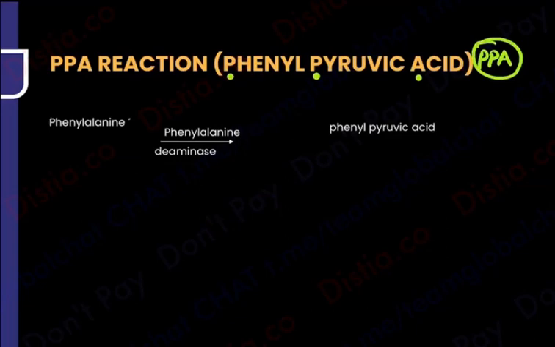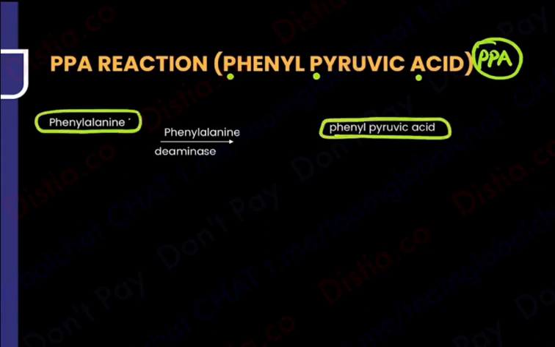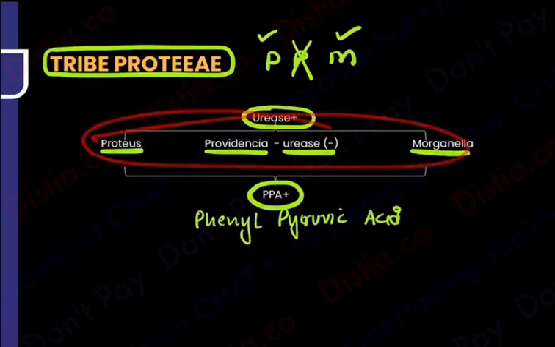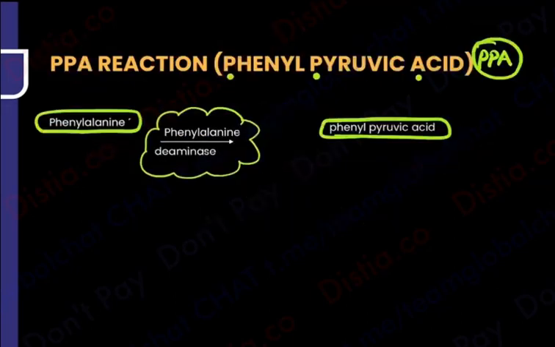Still, phenylpyruvic acid testing means you are going to form phenylpyruvic acid from what? Phenylalanine. So how is phenylalanine converted to phenylpyruvic acid? The bacteria have an enzyme called phenylalanine deaminase, which converts phenylalanine to phenylpyruvic acid.